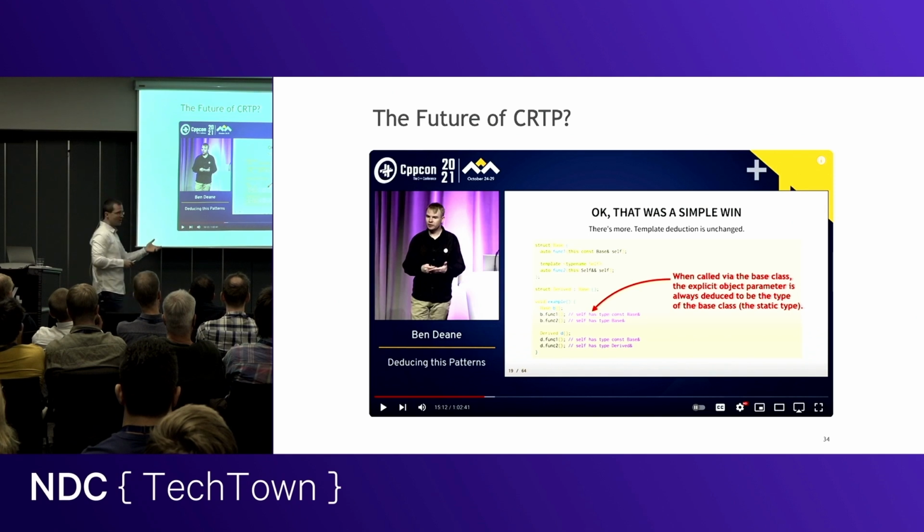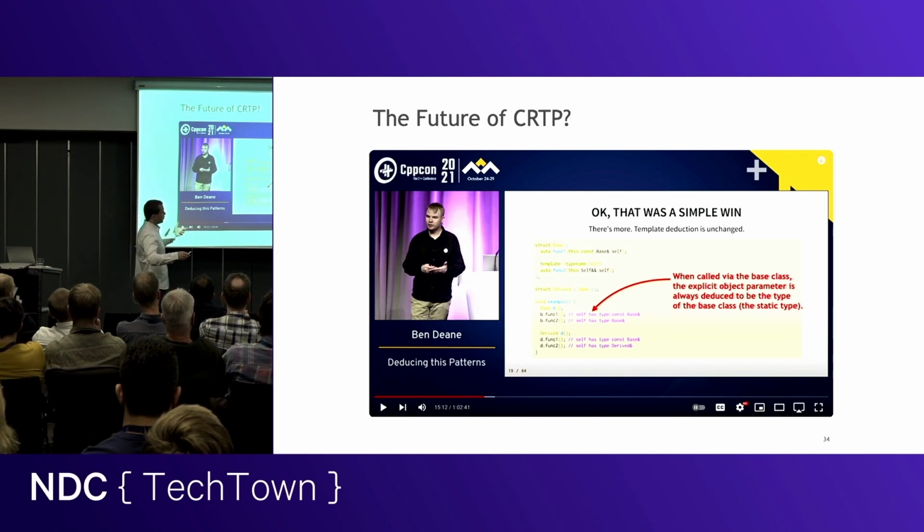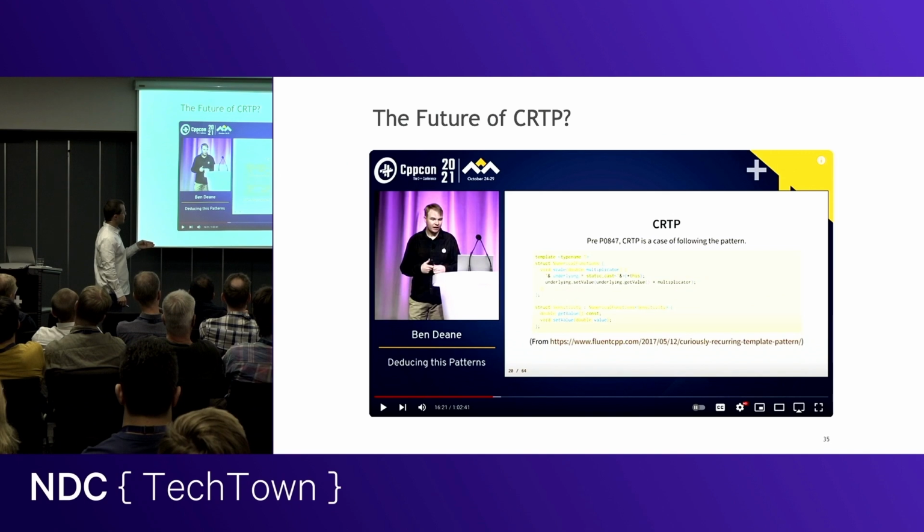So this explicit object parameter cannot deduce the dynamic type of an object, but it can only deduce the static type. So as soon as you call something via the base, it will always be a reference to the base. Actually, this is the line. So no, this can actually not work. Technically, this is limited. But why the confusion?